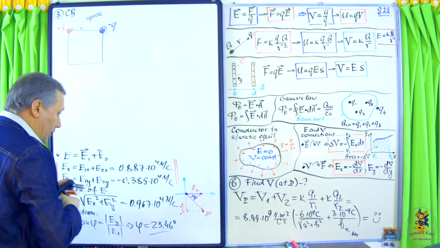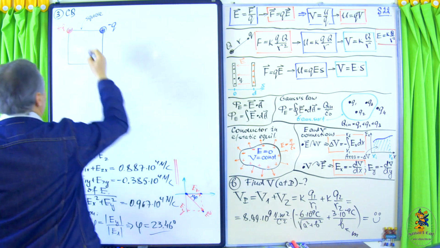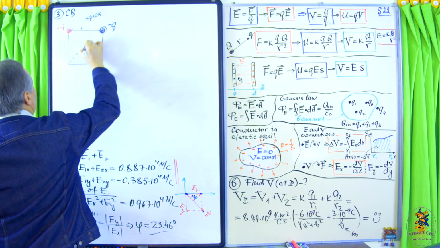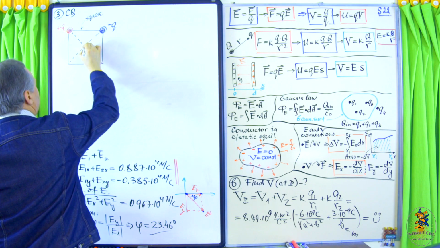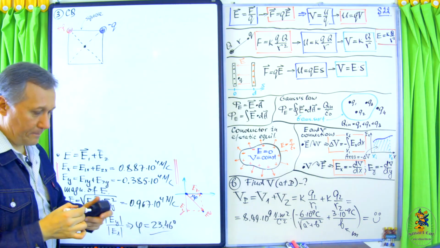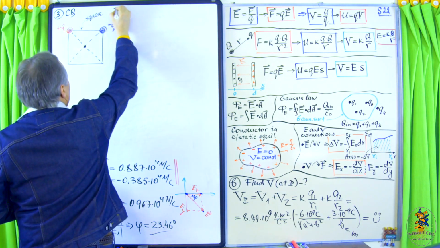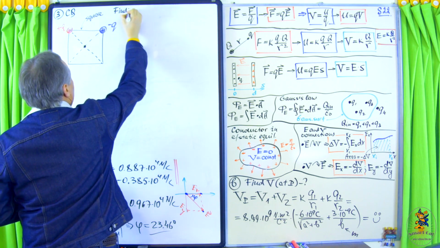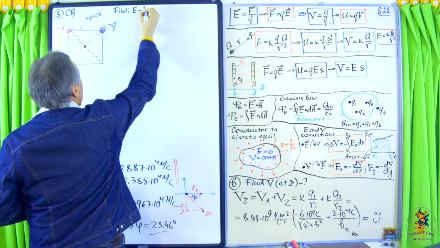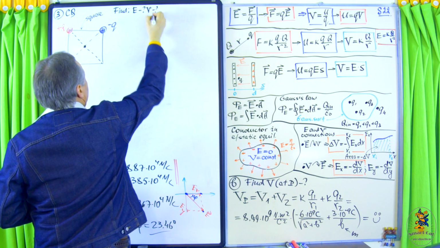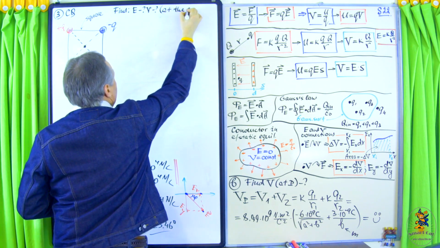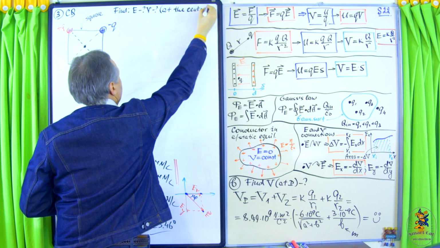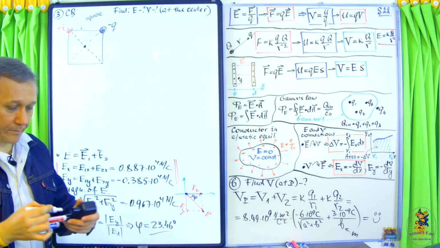And we're interested in the information about the electric field and the electric potential at the center of this square. So we need to find information about E and V at the center of the square.